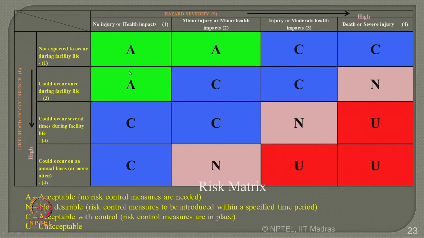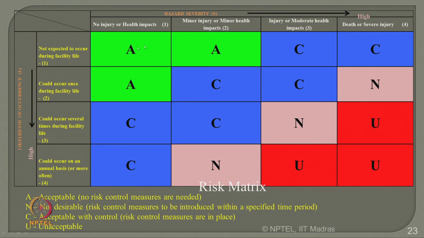Now, let us look at the classifications of hazard severity, starting from no injury, minor injury, injury or moderate health impacts, and death or severe injury. So, the hazard severity is increasing this way on a scale of 1 to 4, whereas the likelihood of occurrence ranges from not expected to occur, could occur only during the life of the facility, could occur several times during the life of the facility, could occur on an annual basis.